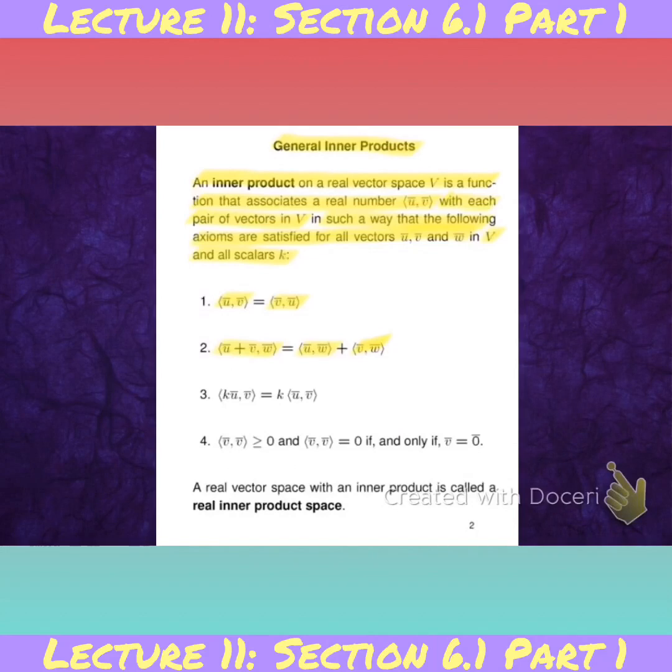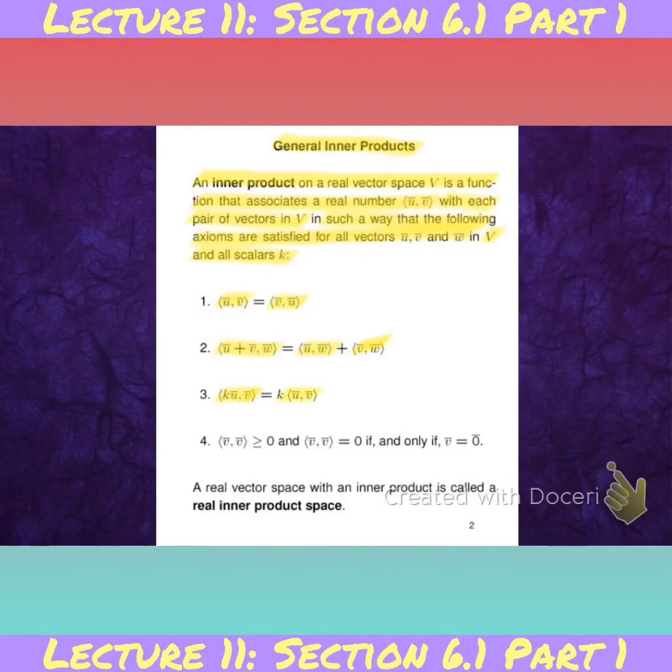So that is how the sum needs to distribute. And also, if you take a scalar multiple of a vector u and take the inner product with another vector v, then that's just the same as taking the inner product of the two vectors u and v separately and multiplying that by the scalar k.